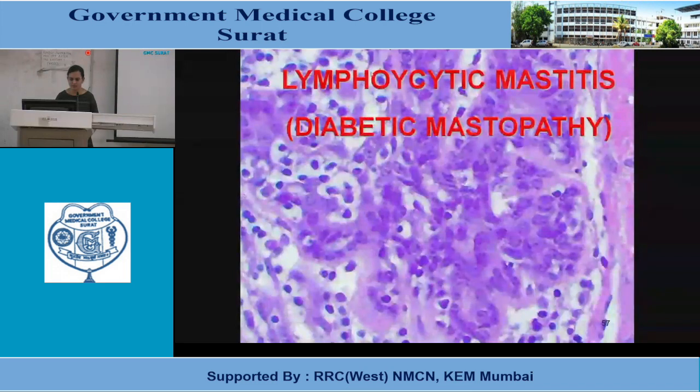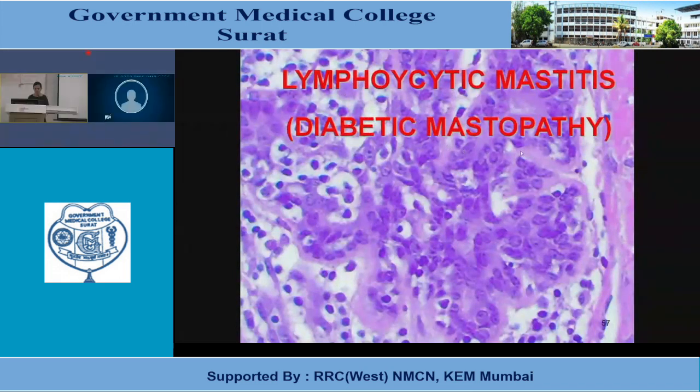Now lymphocytic mastitis, which is typical of diabetic mastopathy. What you are seeing here are intraepithelial lymphocytes. Can you see? There will be a peripheral lymphoplasmacytic infiltrate, but along with this, there will be intraepithelial lymphocytes also. So these lymphocytes are present within the acini.